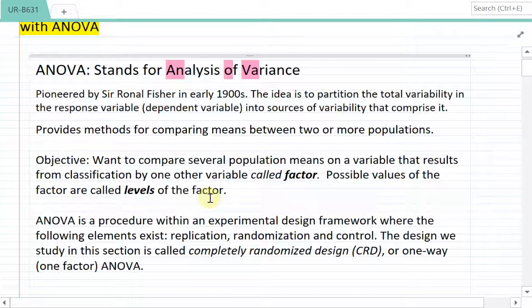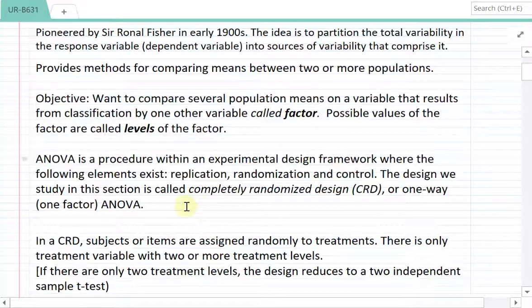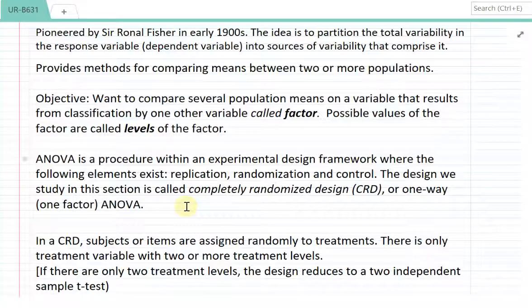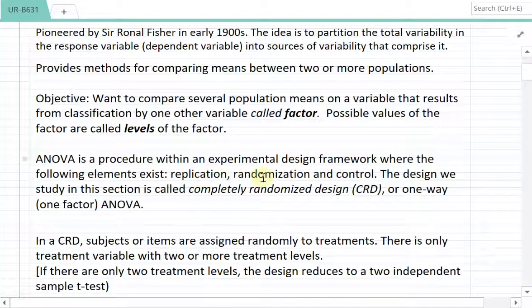So that's just the terminology. Now, ANOVA is indeed an experimental design, where we do what we call a completely randomized design framework. It is an experimental design because it has the three pillars of an experimental design.